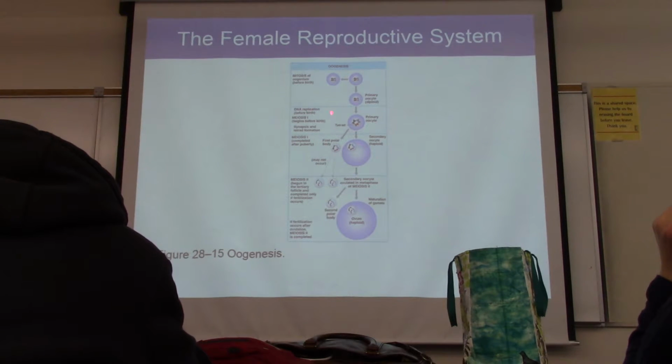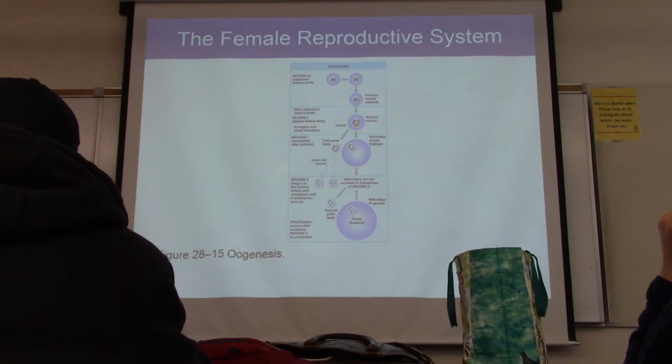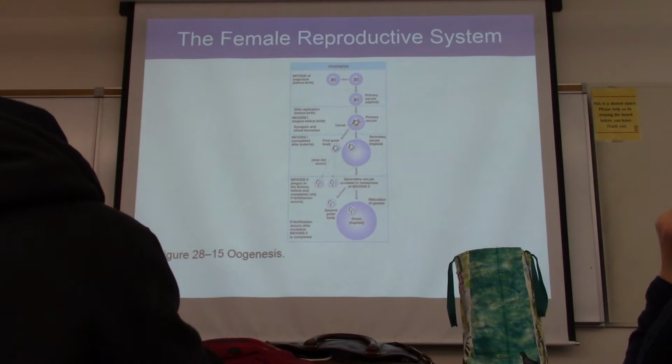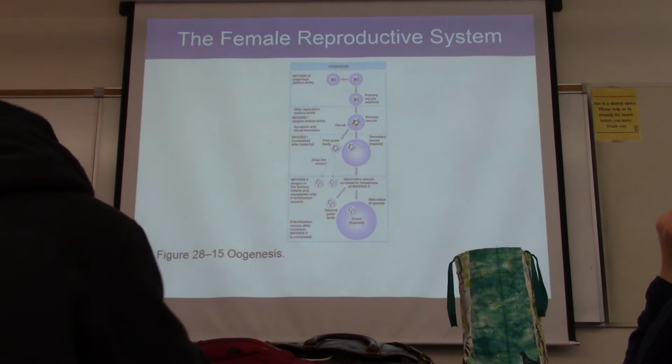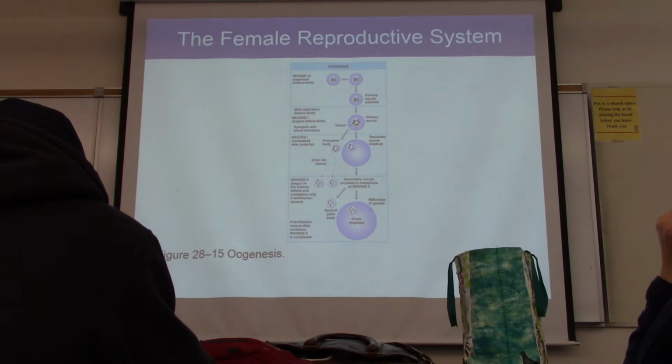But then some of them are picked up, and DNA replication happens before birth, and then you go into meiosis 1, also before birth. This is where synapsis happens, and the 4 of them get together and they hug, and then they do that little exchange of DNA called crossing over. And that all happens, and then everything just kind of moves into dormancy.